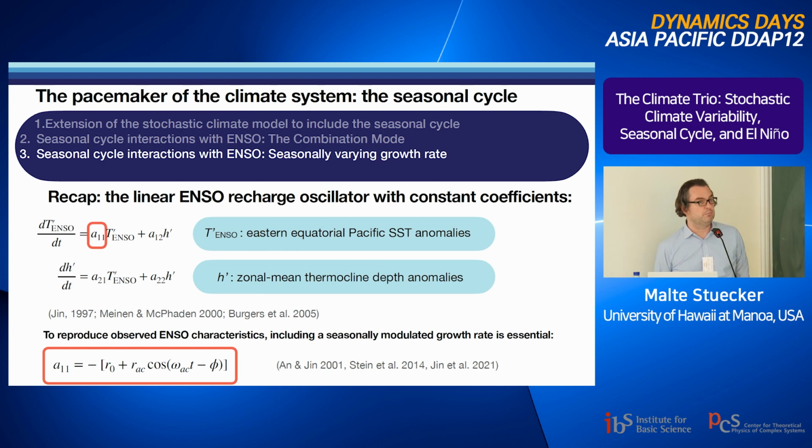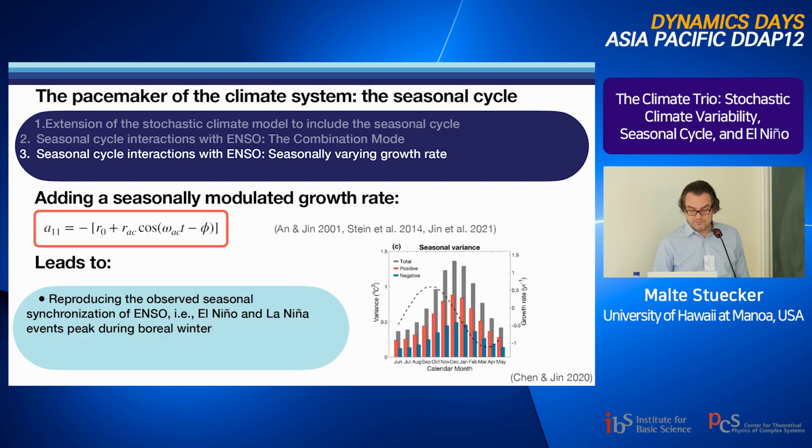That's determined by the seasonal changes of the background state. Now, again, we can just write it. It's very similar to the simple case: we write this constant coefficient so that it becomes a coefficient that has a constant and a seasonal cosine.